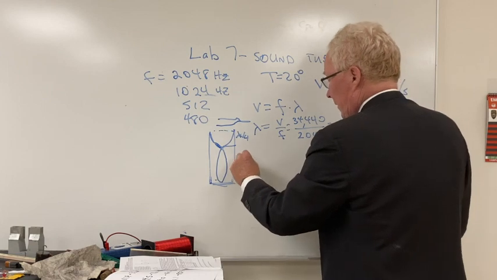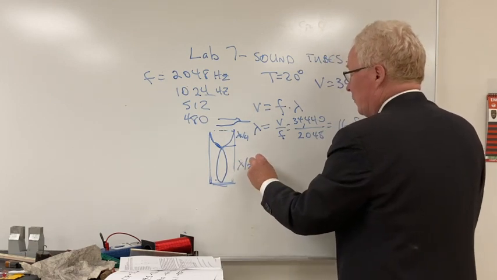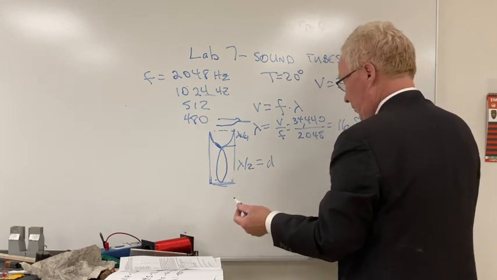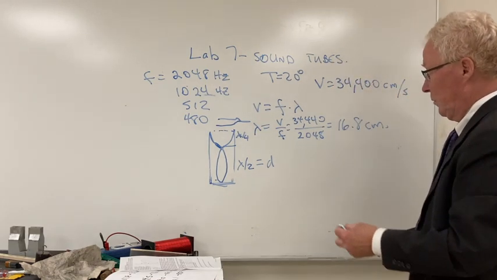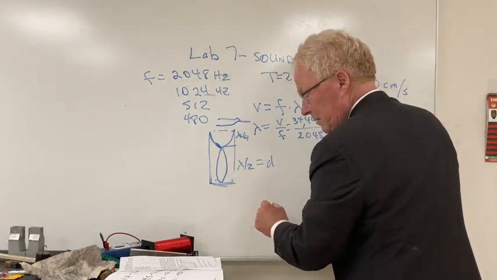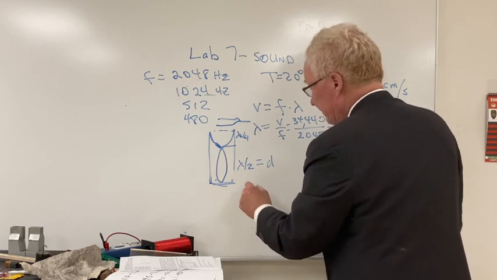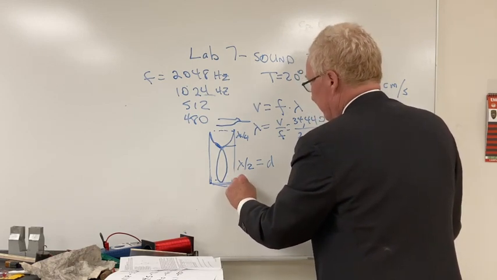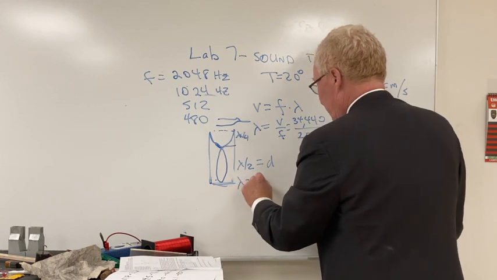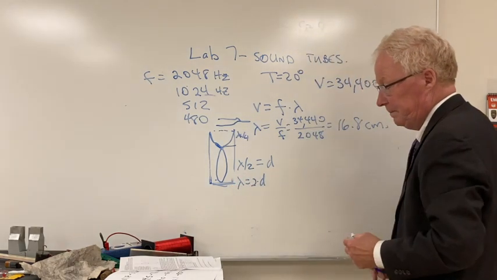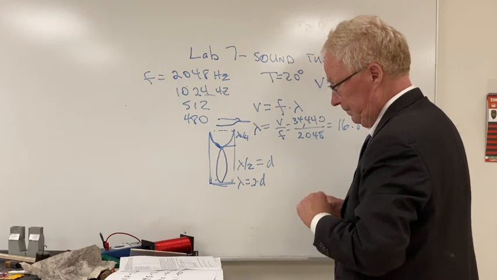So this would correspond to half a wavelength, so D is lambda over 2. And so lambda then will be given by 2 times D, all right?